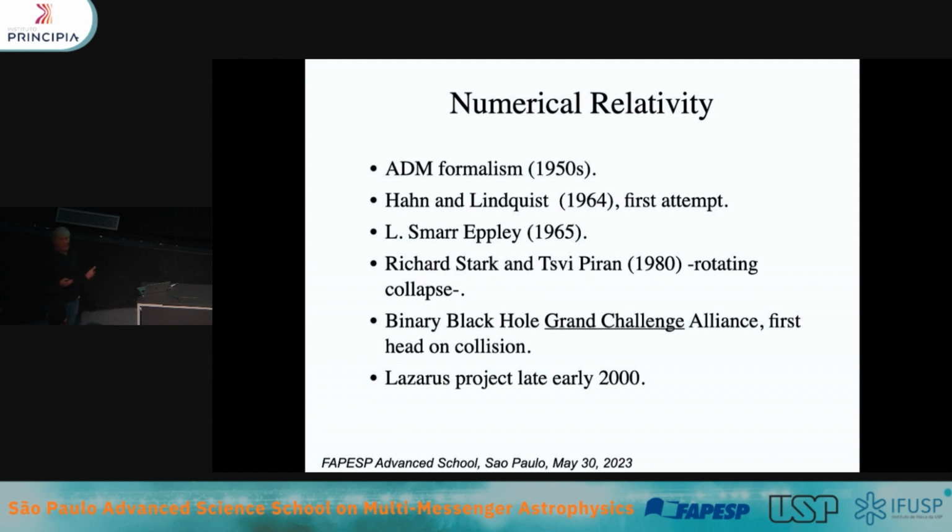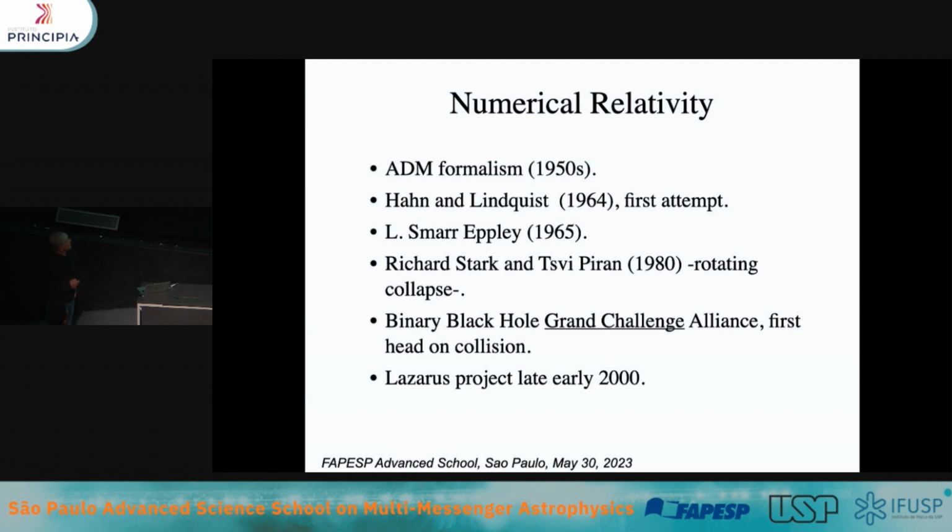The idea was to try to model the collision of compact objects using the full Einstein equations, which can only be done numerically. It was complicated because there are singularities, so you need to develop a technology to treat these singularities. And also it was computationally intensive.